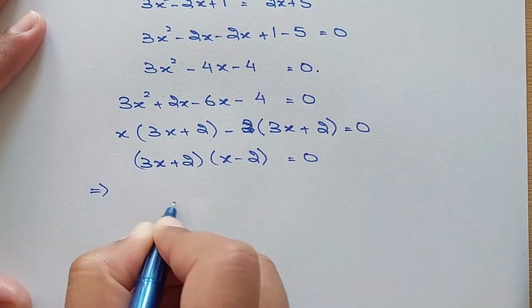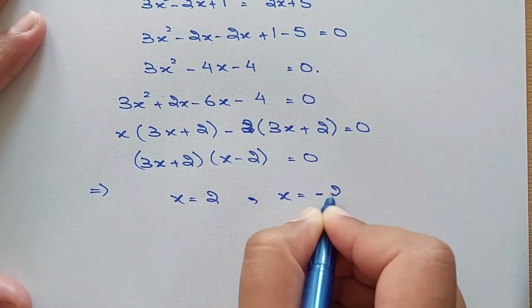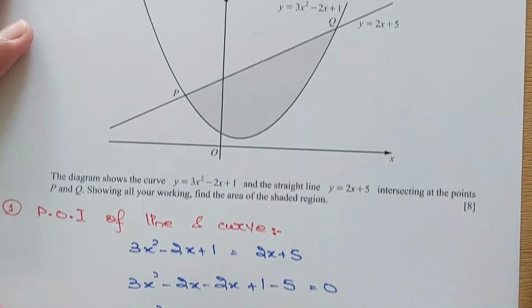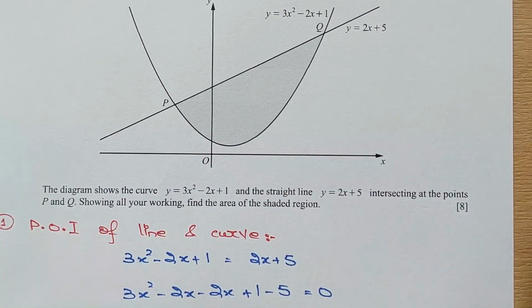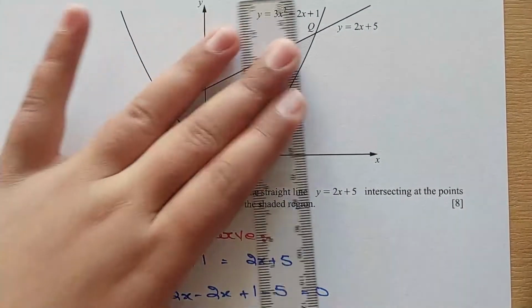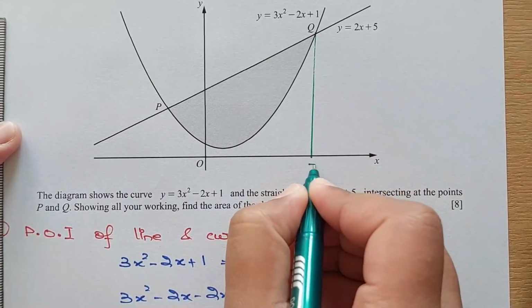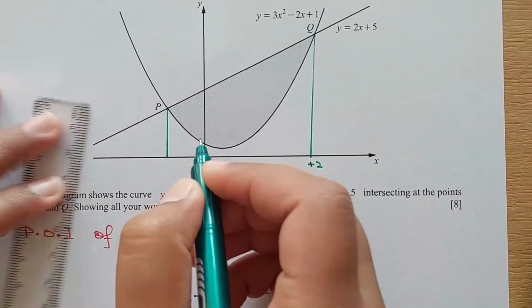So from here the x values are x is equals to 2 and x is equals to minus 2 by 3, right? So we have x is equals to 2 is over here and minus 2 by 3 is over here. Let me draw. So here the x coordinate is 2, and here the x coordinate is minus 2 by 3.